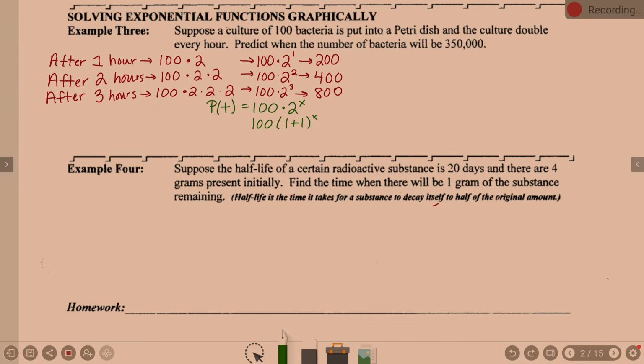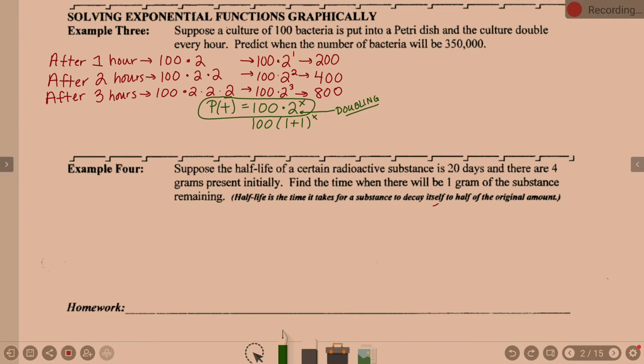If something's doubling, it's growing to 200% of its original size. Now, here's the equation I wanted you to come up with. And the shortcut is, every time you have to write a doubling equation, the base is going to be a 2. So that's an easy way to remember it.